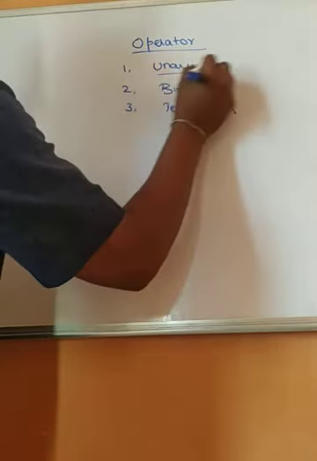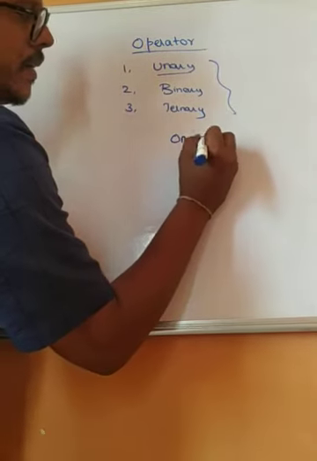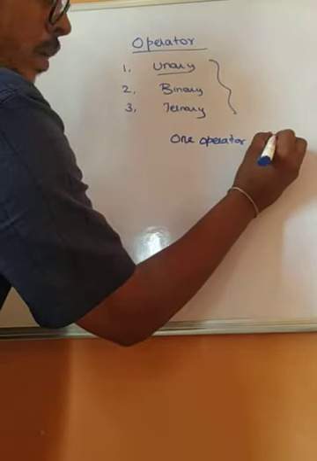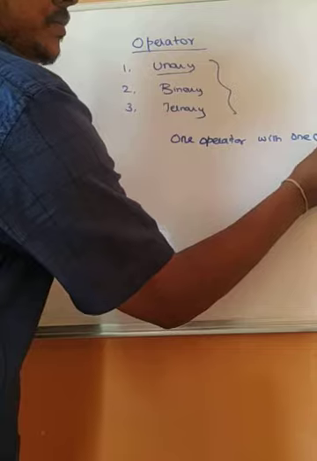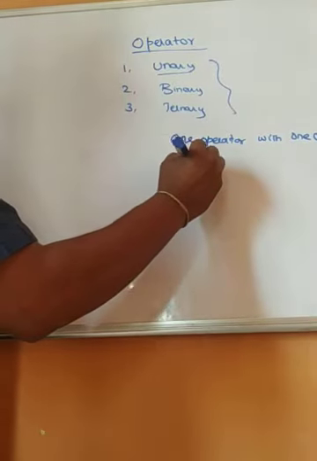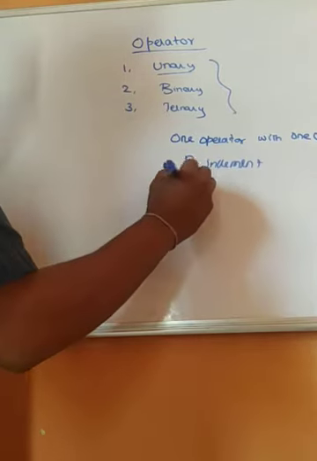Unary is nothing but if I have one operator with one operand, we call that as unary operator. For example, pre-increment and post-increment.